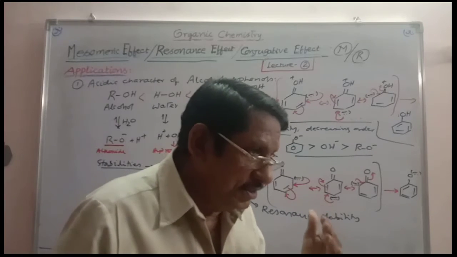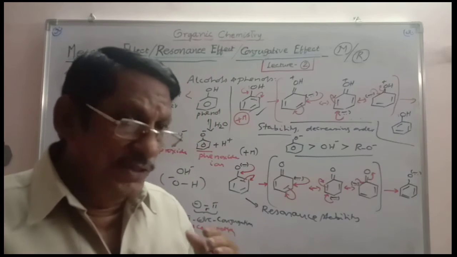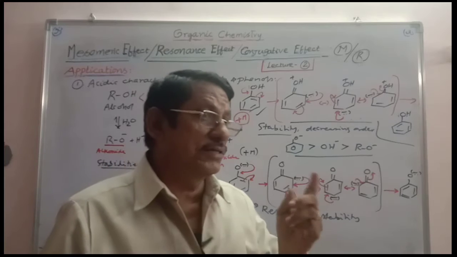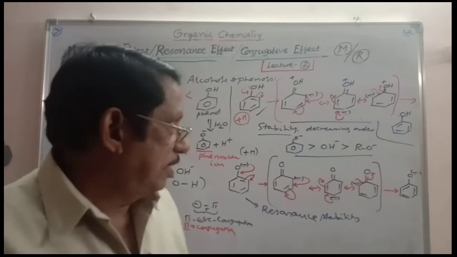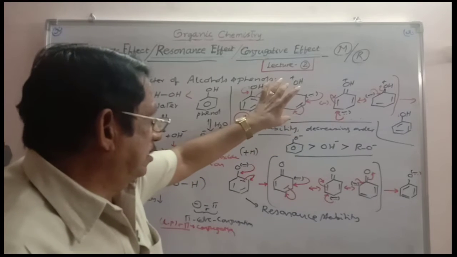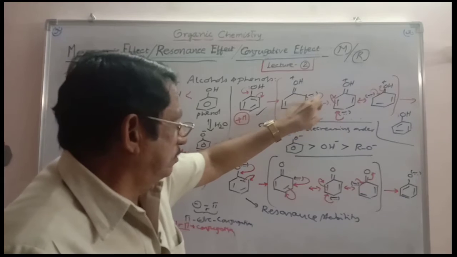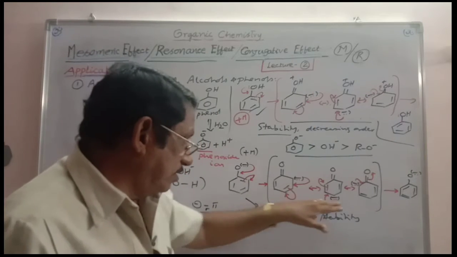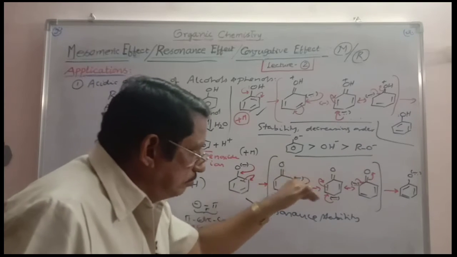Under the heading of stability of resonance forms: that resonance form in which charges are separated is less stable than that one in which charges are not separated. So in the case of phenol resonance forms, a plus charge is there, a minus charge is there. Charges are separated. Whereas in the case of phenoxide, in the resonance forms the same charge is delocalizing in the benzene ring.